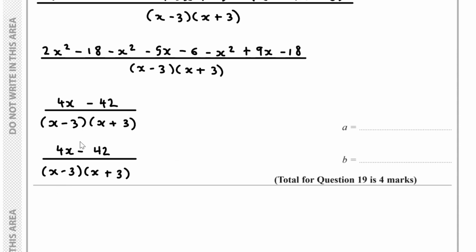So hopefully you can see a is equal to 4 and b is equal to minus 42. And of course, rather, I should have expanded on the bottom. On the bottom we get x squared minus 9. So this is what we get on the bottom. So this is our final answer.